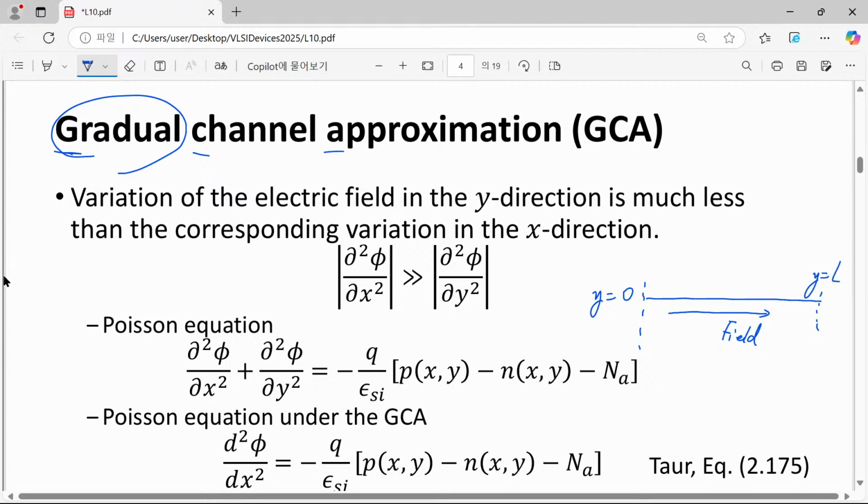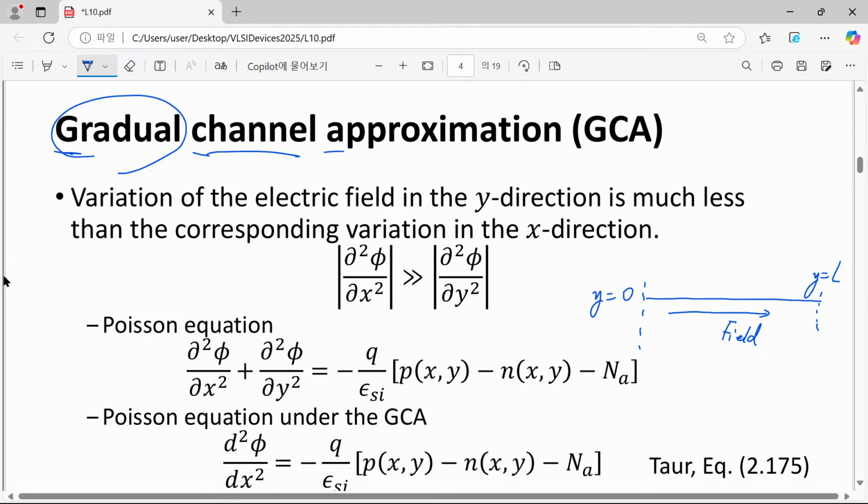Electric field or potential changes gradually along the channel direction. That's the reason why we say gradual channel. So it is nothing related to its geometry, but its potential profile is changing gradually along the channel direction.